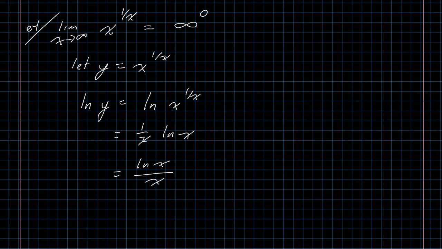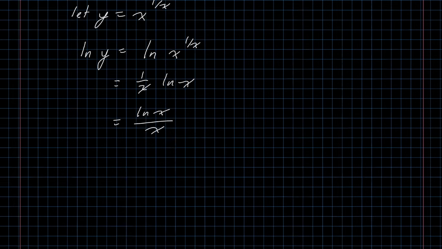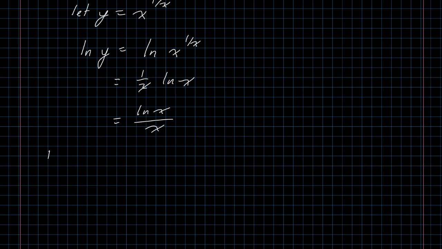All of a sudden, I turned this into a fraction. And now that I've turned it into a fraction, we're trying to figure out the limit as x approaches infinity of y.